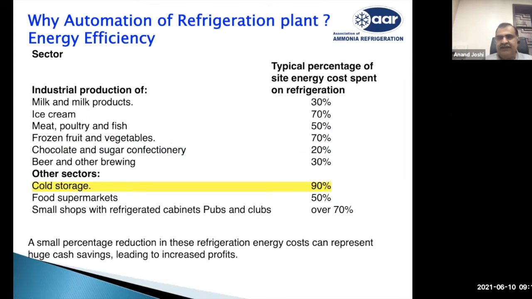Remember some of the slides which were shared with you every day. One is how much electrical energy is required by a refrigeration plant. In an ice cream plant, 70% of its electrical energy is consumed by the refrigeration plant. In dairy plants, 30 to 40% of energy is consumed by the refrigeration plant. In frozen or freezing plants, maybe 70-80% of energy goes into the refrigeration plant.